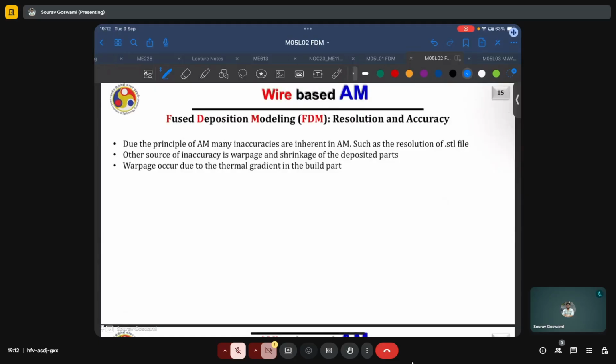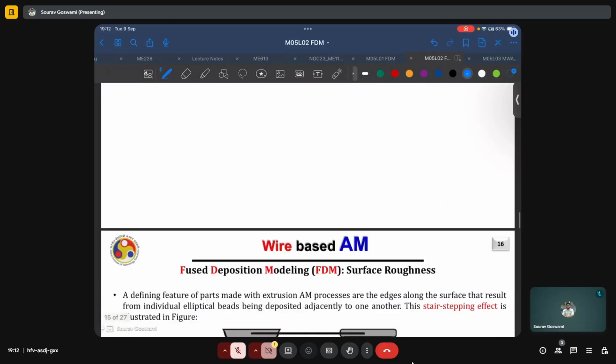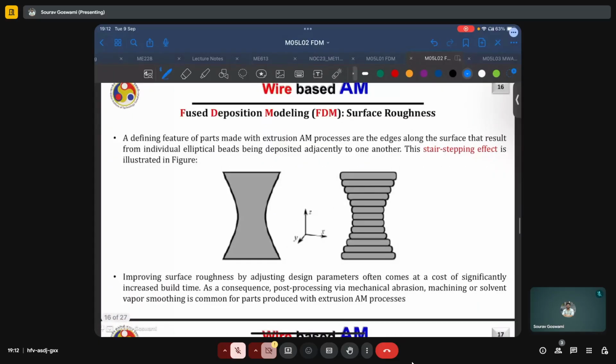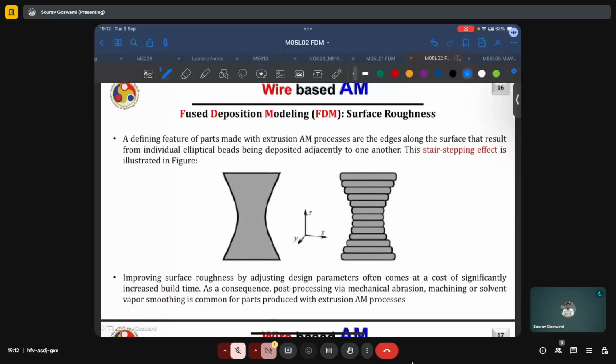And due to the principles of AM, many inaccuracies are inherent in AM. One such being the resolution and the staircasing effect associated with STL files. Other sources of inaccuracy are warpage and shrinkage of the deposited parts, which we have discussed. And warpage typically occurs due to thermal gradient in the build part. Another defining feature of parts made with extrusion AM processes are the edges along the surface that result from individual elliptical beads deposited adjacently to one another, which is called the stair-stepping effect.